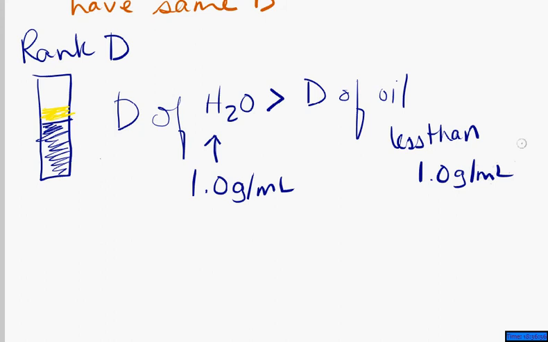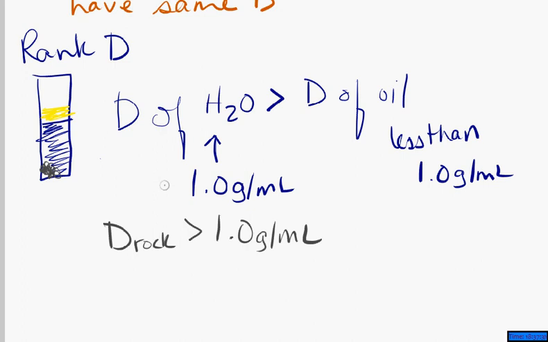If I were to put a rock in here, chances are the rock would sink to the very bottom. So here's my rock. What do we know about the density of the rock? Well, we know that the density of the rock is greater than 1.0 grams per milliliter because it sank to the bottom. This is true no matter what happens. We can always rank densities based on what they do with each other.